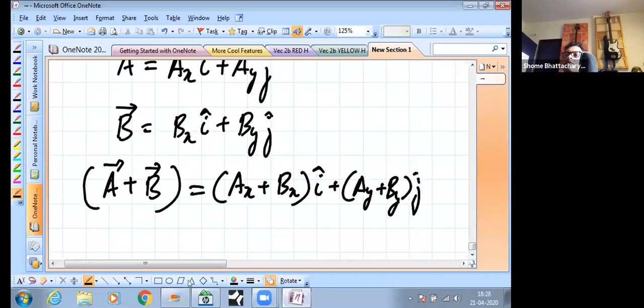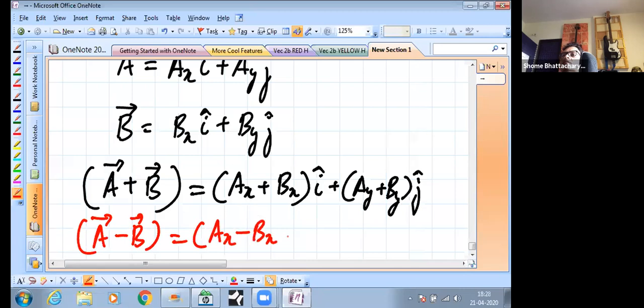Similarly, if you're calculating the difference of the two vectors, you do a minus b on the left hand side, and you do a minus of the two quantities on the right hand side. So again, when you take your i cap common, it will become ax minus bx i cap plus ay minus by.